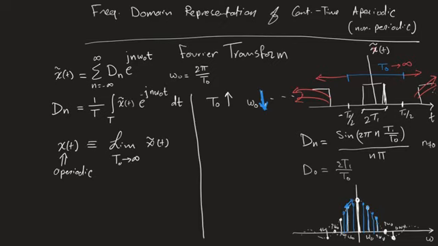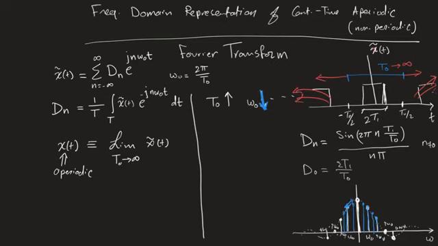And then under this interpretation, if I go to the limit where T naught is equal to infinity, what will happen? As T naught tends to infinity, omega naught will tend to almost zero, which means that the difference between one value and the next one is going to be infinitesimally small, right? Between this value and the next, don't forget, the lines here don't mean anything. It's just the dot, okay?